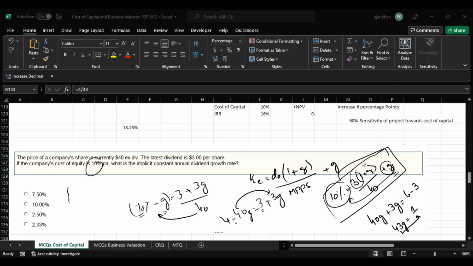So that was a bit lengthier for a 2 marks question. I think it will be too lengthy to do all this stuff. If you have all the options, it's better to just put in the value and see if we can get that 10% answer. That will be much easier.